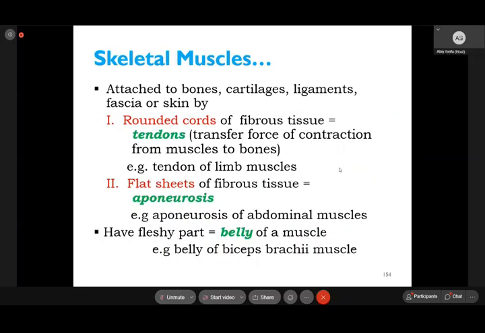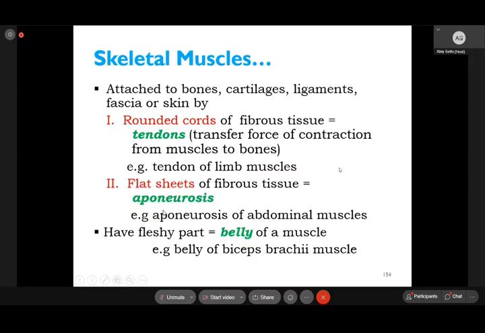Therefore, the muscle may be attached at both ends or at either end by the tendon, or there is also another structure, the aponeurosis.